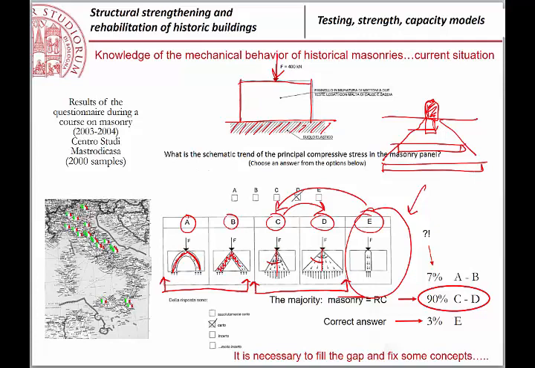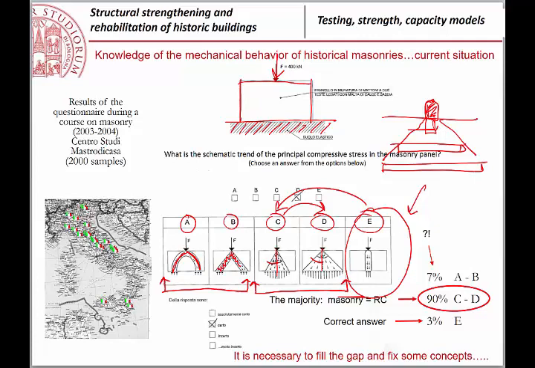Just a few words on why A and B are not correct. They are not just crazy answers, because very often we have arch behavior in masonries. But why is it not correct now? Because of the kind of foundation. Because if the foundation is rigid, then there is no formation of an arch distribution of stresses.